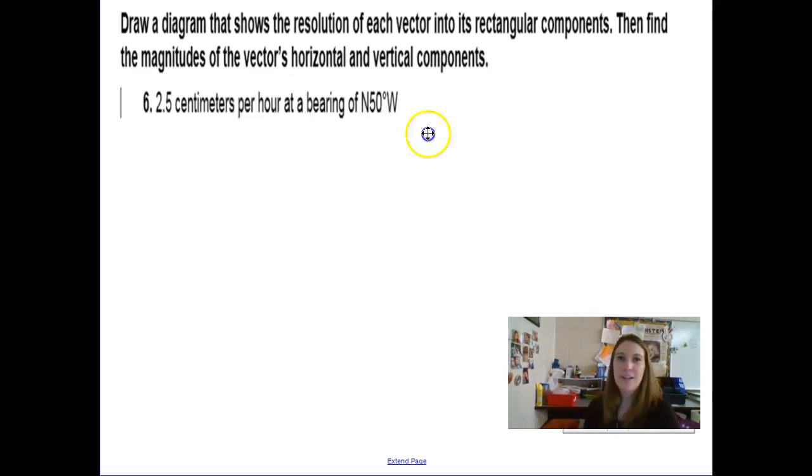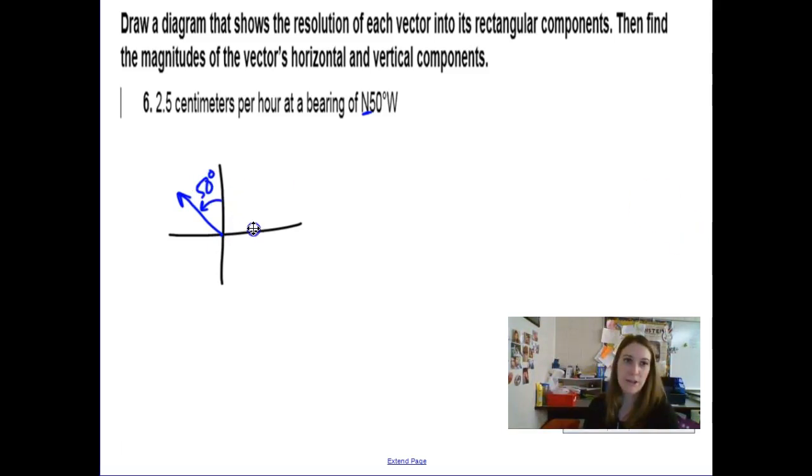So same thing here. I need to draw it first, especially this being a weird bearings question. So you start at the north, which is right here, and you go towards the west 50 degrees. So like here. So this right here is 50 degrees. But when I think about the actual angle that I'm going to use in my calculation, this is 140 degrees, isn't it?